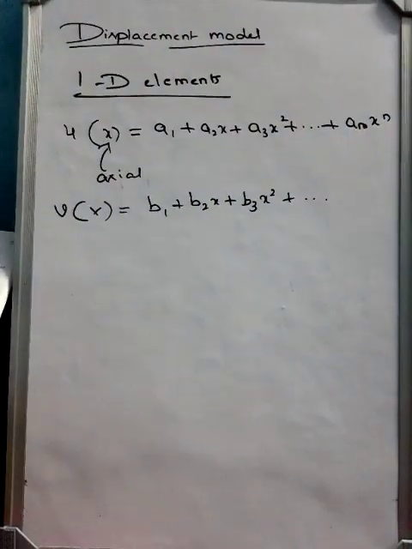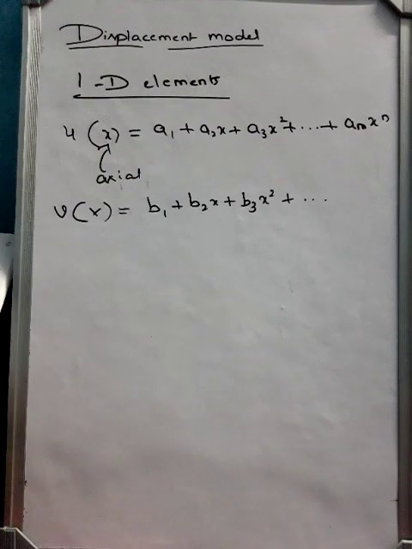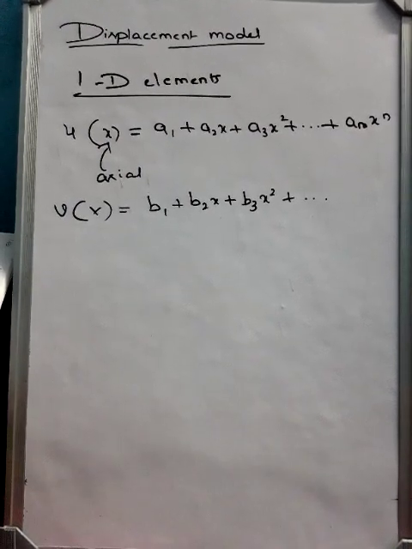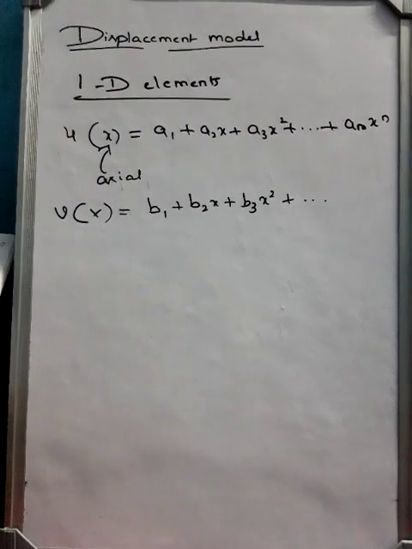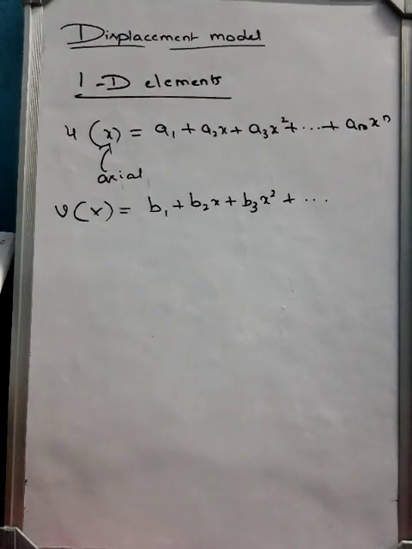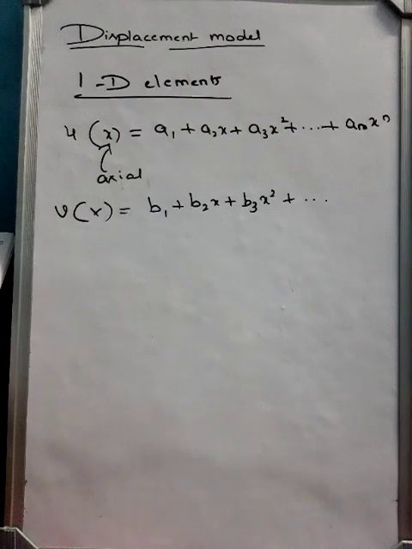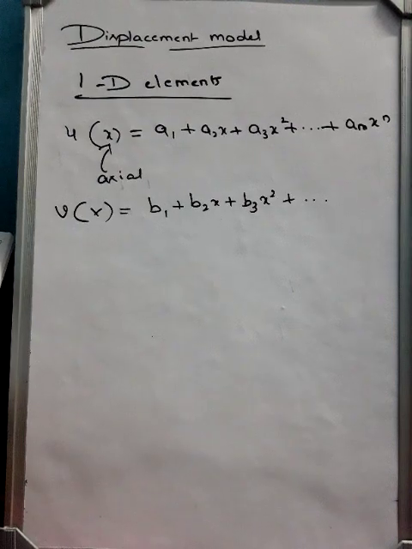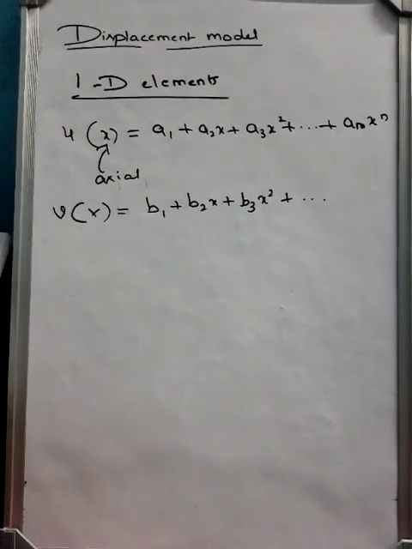It is going to continue, where u is the local axial displacement and v is the local transverse displacement, and a1, a2, a3, b1, b2, b3 are the generalized coordinates, n is the degree of the polynomial, and m would be the number of generalized coordinates.